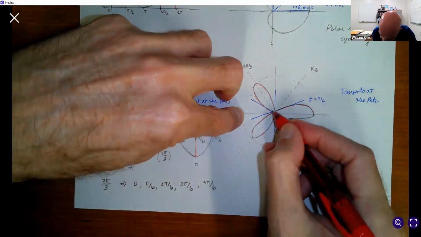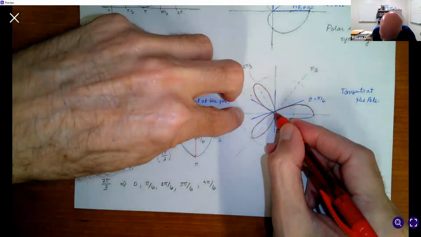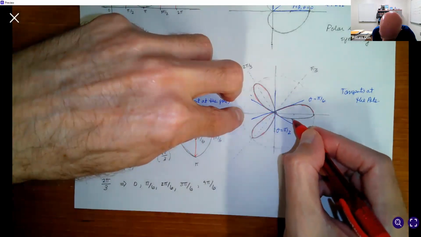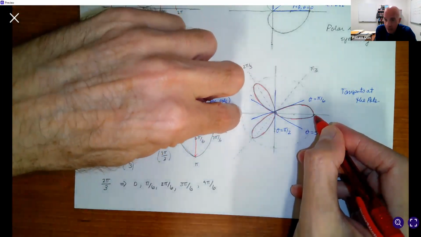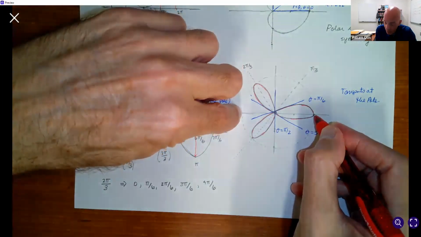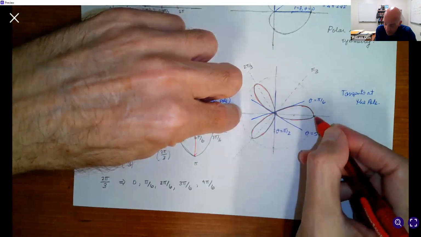So now, instead of moving out this way, we complete the curve or the petal, and then we end up opposite theta equals pi, at basically theta equals 0.